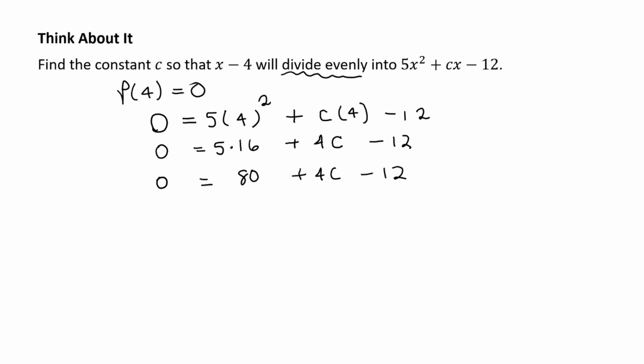Let's combine the 80 and -12, so 0 is equal to 68 plus 4c. We can solve this now. -4c is equal to 68. And dividing by -4 on both sides, c solves to -17. If we let c be -17, x minus 4 will be a factor of 5x squared plus cx minus 12.